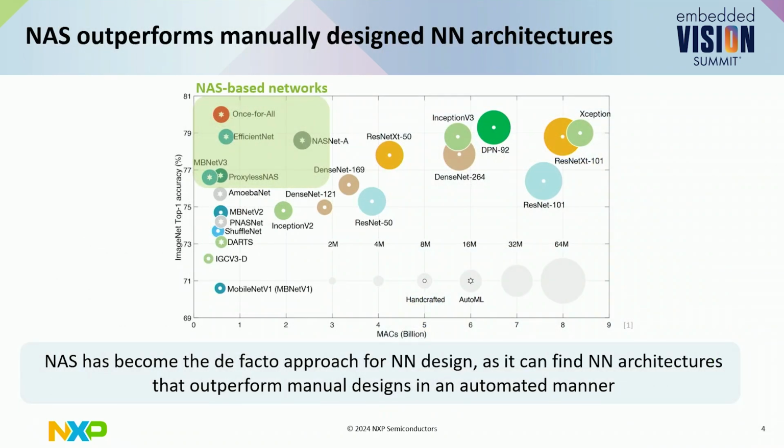What I'd also like to mention is that these days, NAS has become the de facto approach for neural network design. In this figure, you see in the top left corner the space of the highly performant neural network architectures, and these are all NAS-based networks, either done fully automatically or using NAS as a crucial enabler.